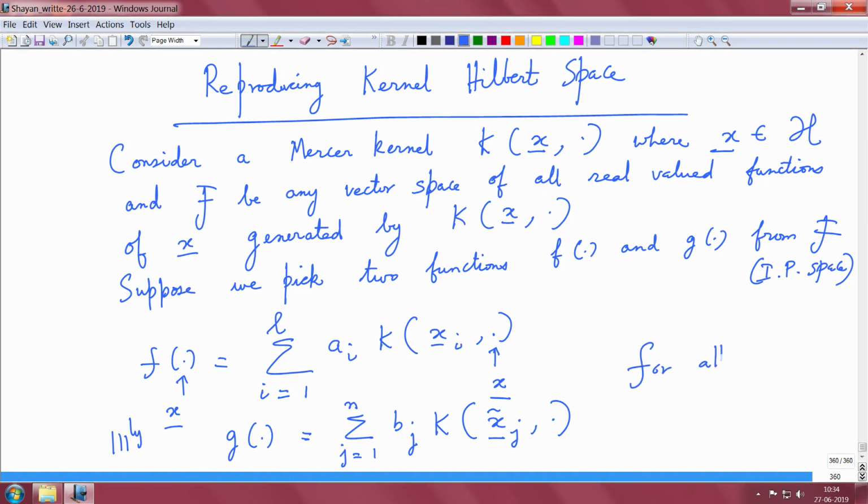So, for all x_i, x_j tilde belonging to this Hilbert space, I pick two functions f and g from the inner product space that can be expanded using this kernel.